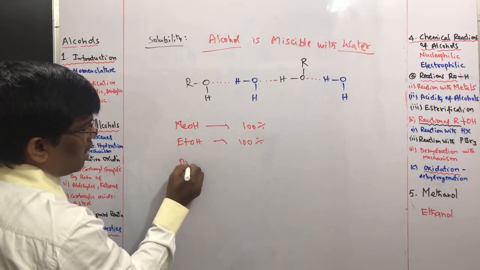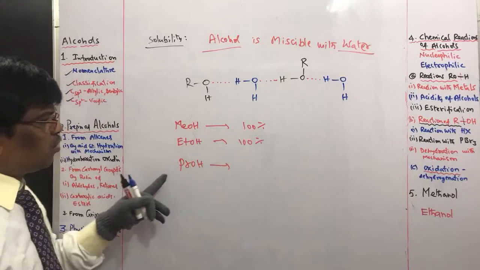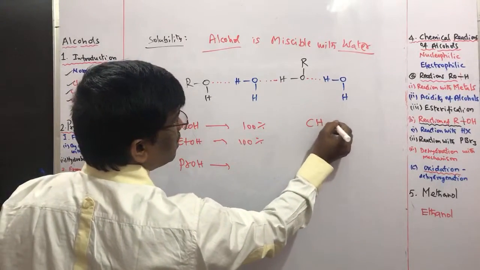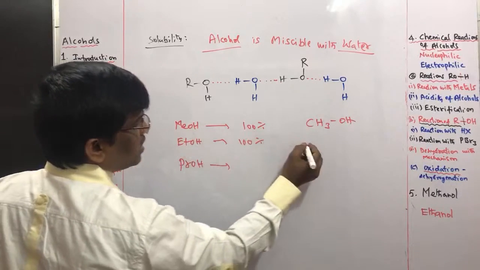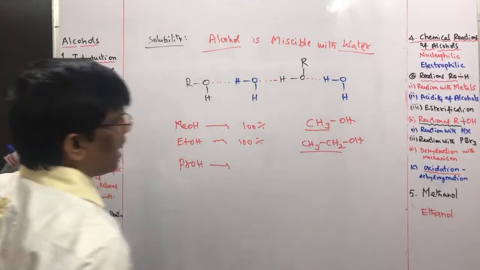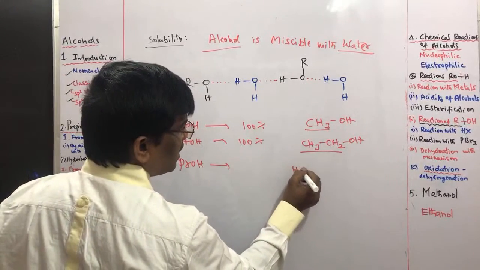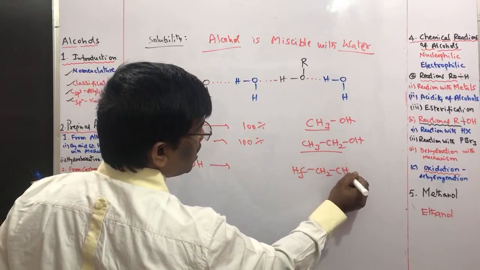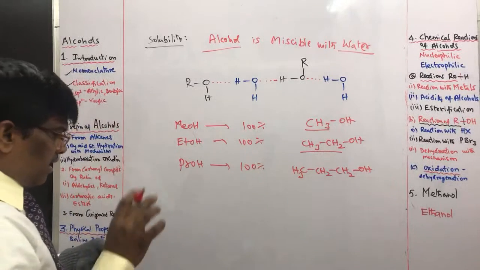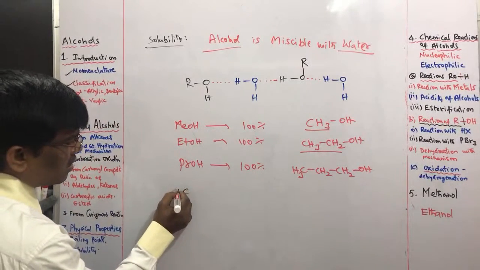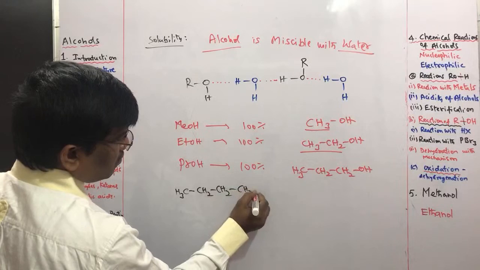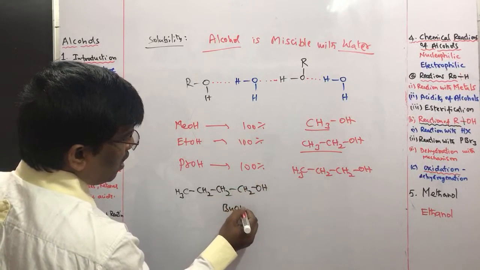When it comes to propanol, these are all the ways of writing, students. Methanol, MeOH, is CH3OH, and ethanol, EtOH, means CH3CH2OH. This is ethyl, this is methyl, and propanol is CH3CH2CH2OH. Propanol is also 100% miscible. And when it comes to butanol, I can write butanol like this.